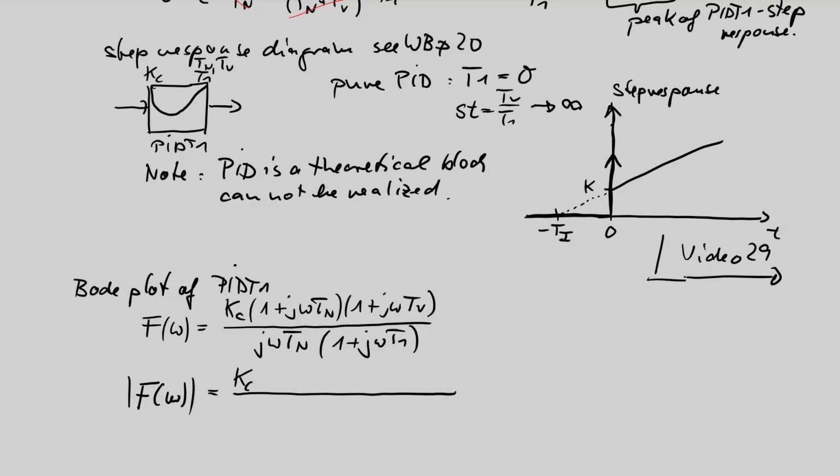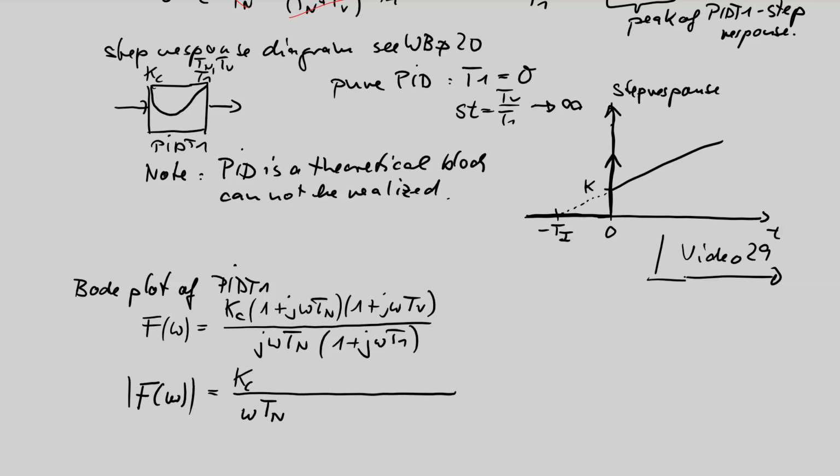Kc, of course, is the main constant in front. j omega Tn is pure imaginary, and the magnitude of an imaginary number is the imaginary part itself. But 1 plus j omega Tn has a real part 1 and an imaginary part omega Tn.